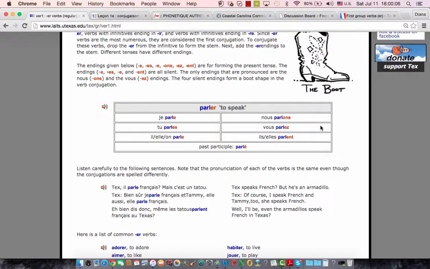For nous, we will have the terminaison ons, pronunciation on. For vous, ez, pronunciation e. For ils, elles, ent, pronunciation mute. No pronunciation. The only thing you will hear is going to be the consonant before the ending, which is L.